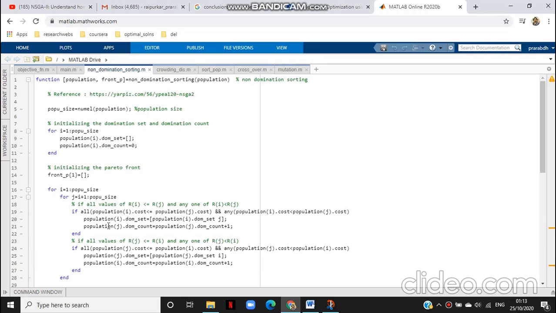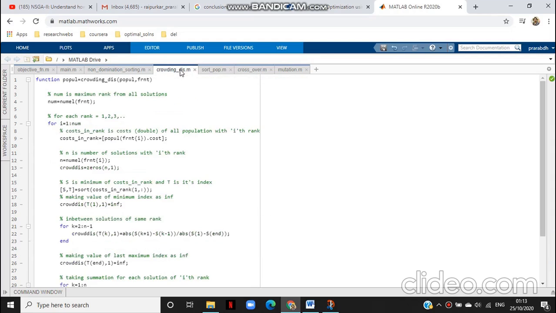This is to gain more intuition about it. We can simply say, if we find no solution with lesser values than that solution, we assign it rank 1 basically. Then we go to the crowding distance.